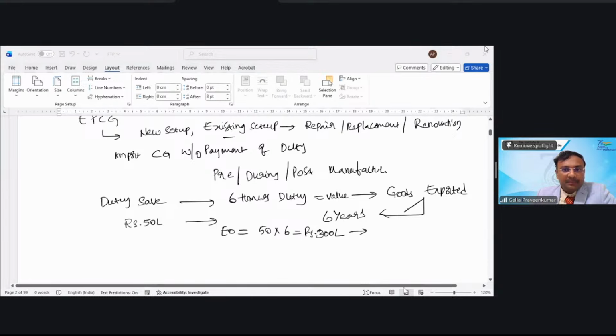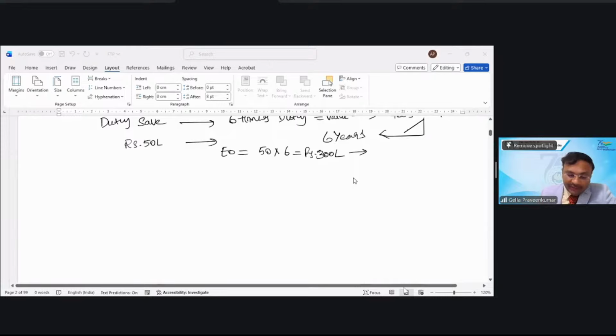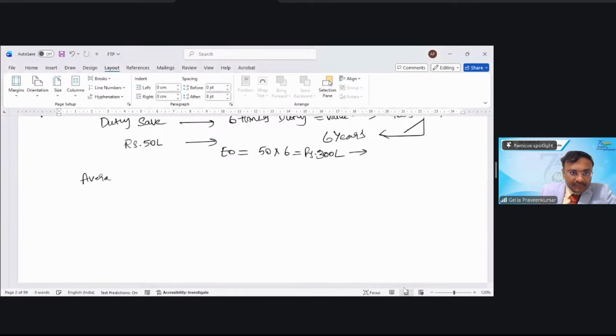Good. Now here you have your export obligation, which I have to fulfil 6 times within a span of 6 years. So there is something called the average level of exports.